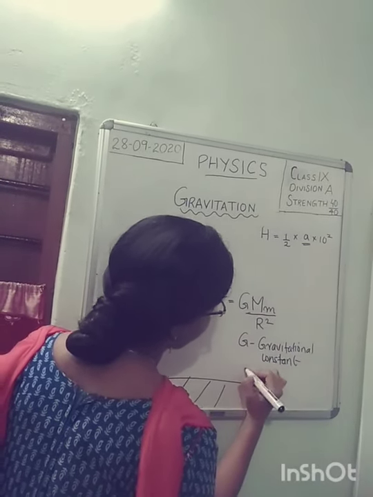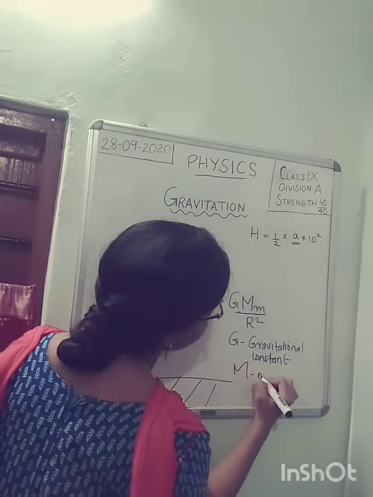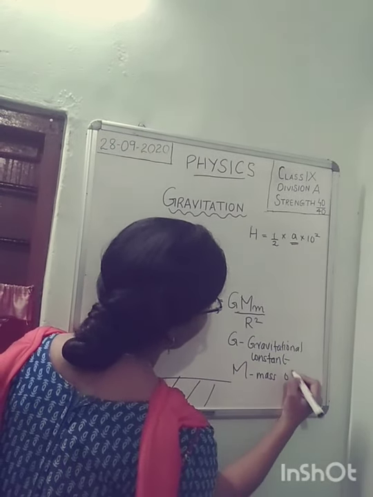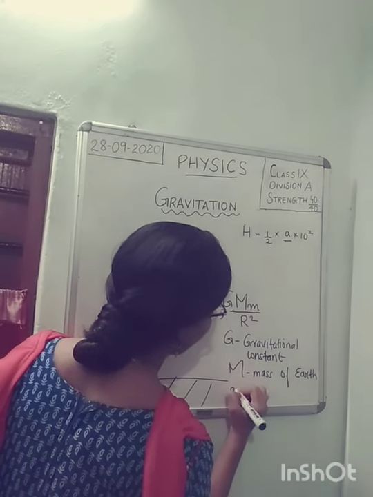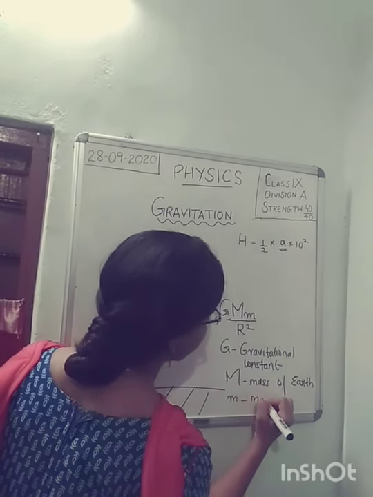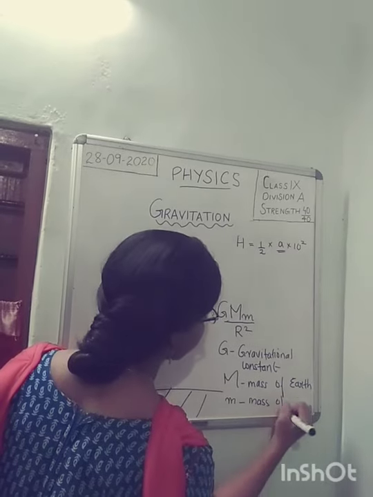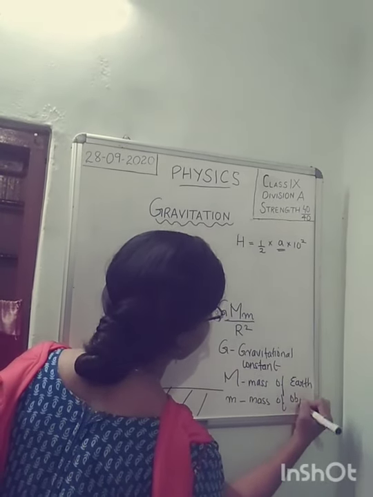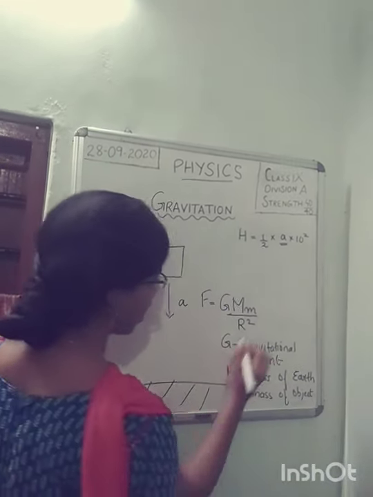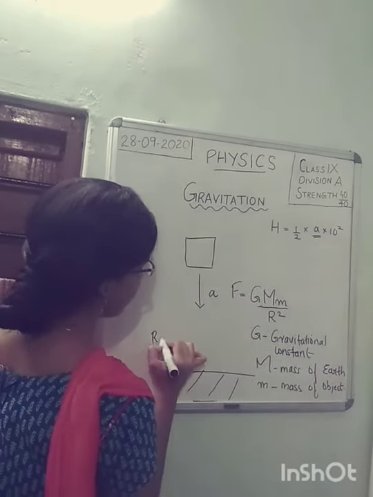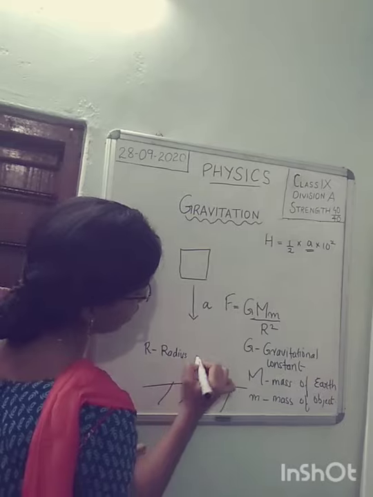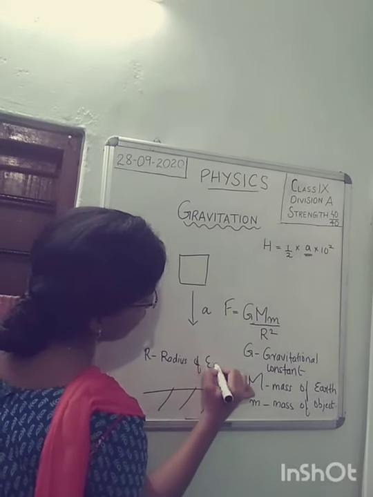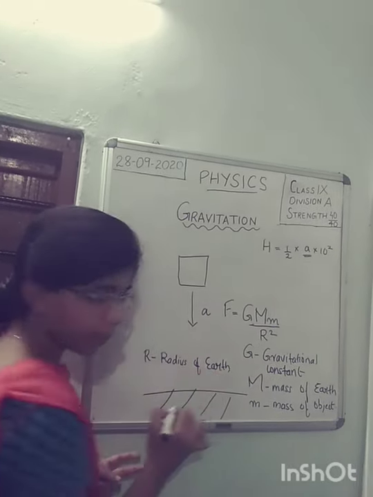Capital M is the mass of Earth. Small m is the mass of the object. And R is the average radius of Earth.